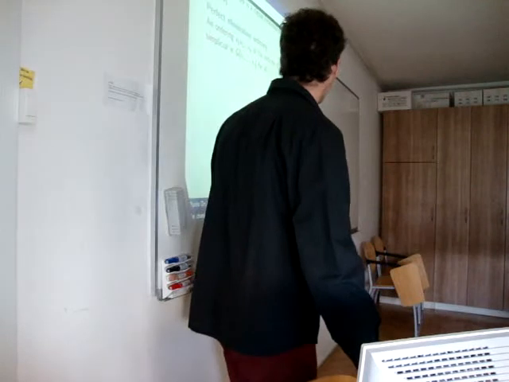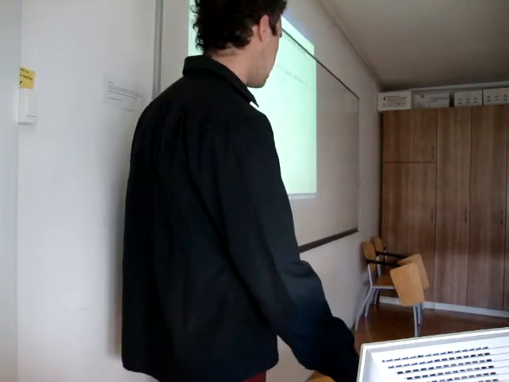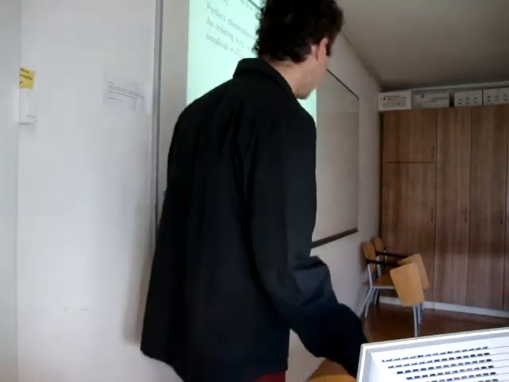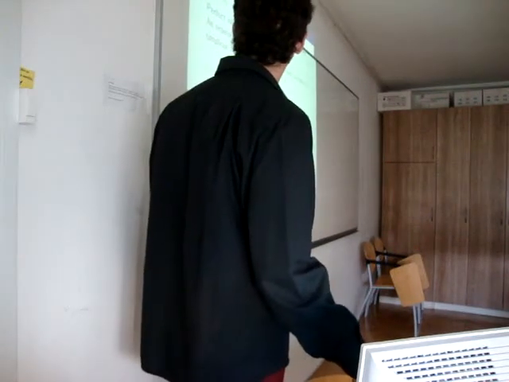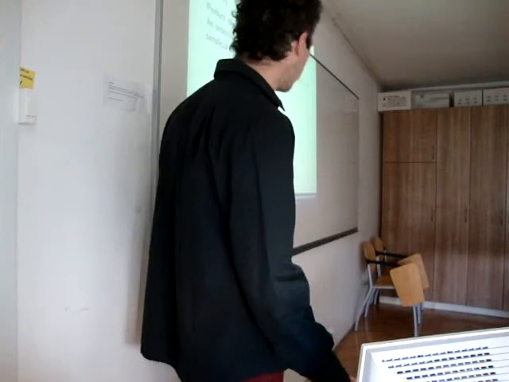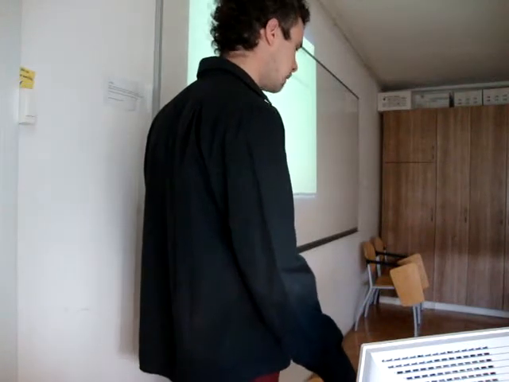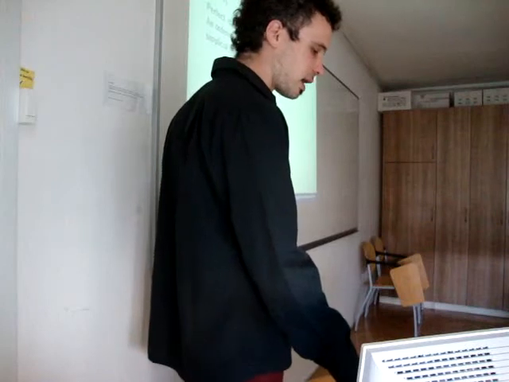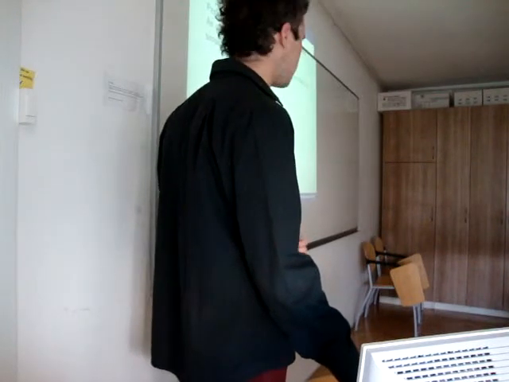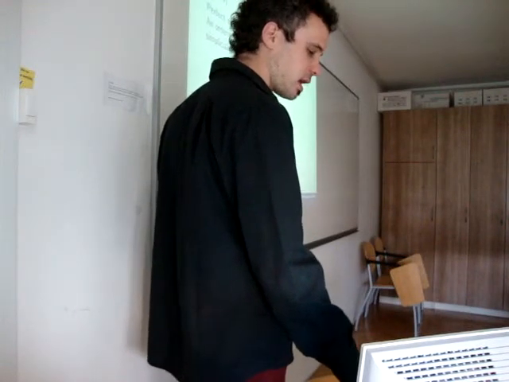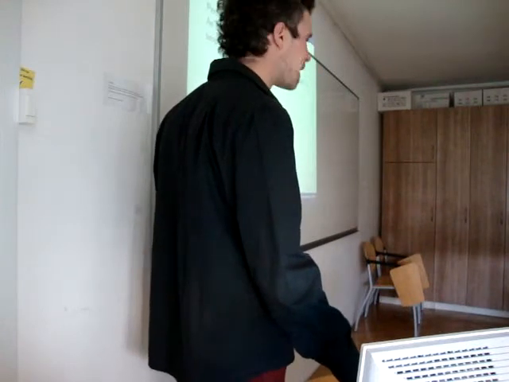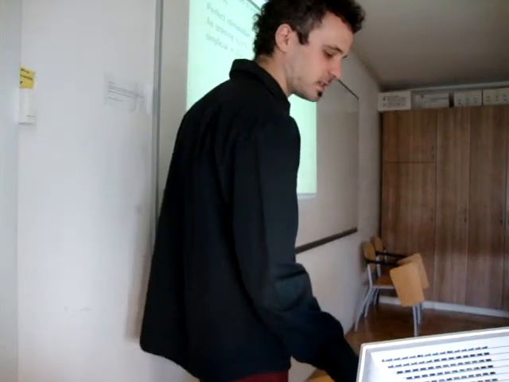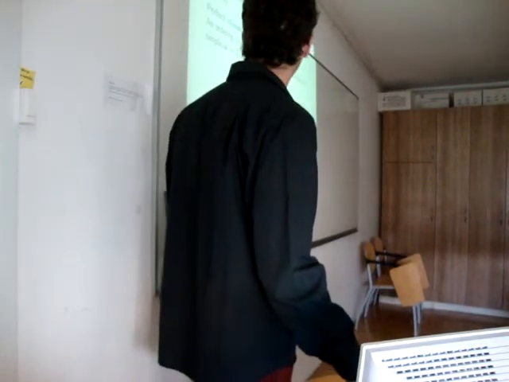Chordal graphs can be characterized in a lot of ways, and one of those ways is using simplicial vertices. A vertex is simplicial when its neighborhood is a clique, that is a set of vertices that are pairwise adjacent, such that it is maximal. There is no other set of pairwise adjacent vertices that contains it.